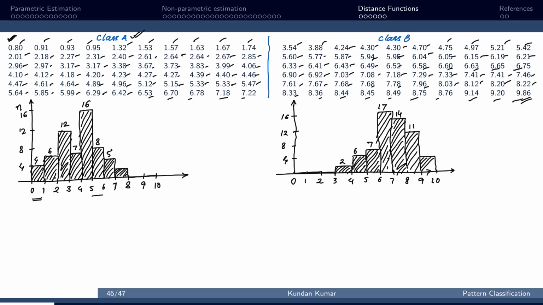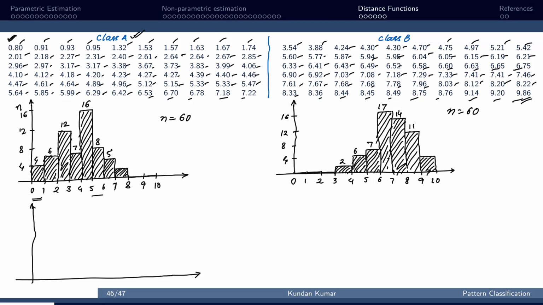Okay. So this is the histogram of the data samples which belongs to class B. So this is basically the histogram. So we need to convert it to the probability density function, and how we can convert it, we have to divide each bin with the total number of samples, and here we have total number of samples equal to 60, and here also n equal to 60.